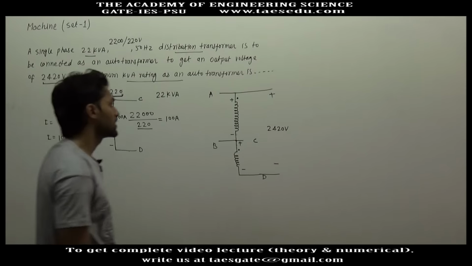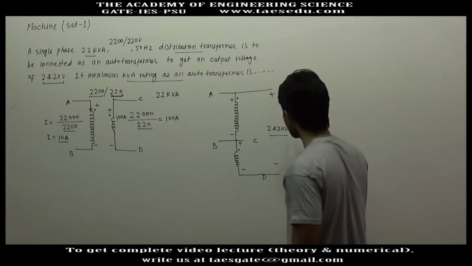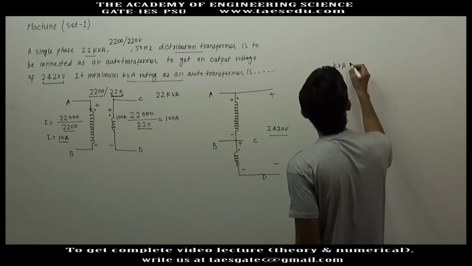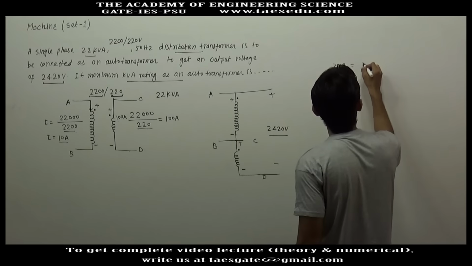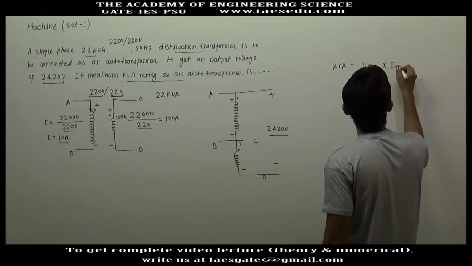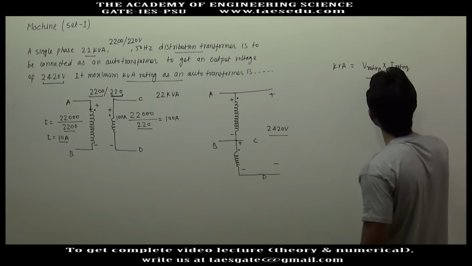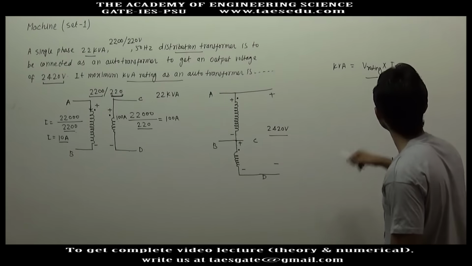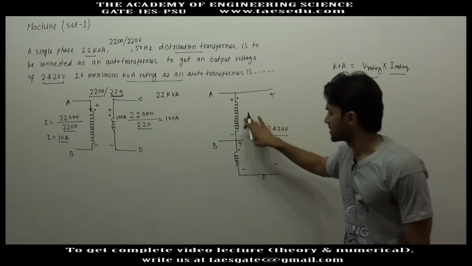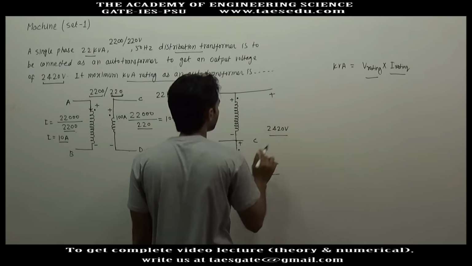Now to get the kVA rating of this auto transformer, the kVA rating is the voltage rating into the current rating: the maximum voltage that this transformer can sustain into the maximum current that the windings can sustain.